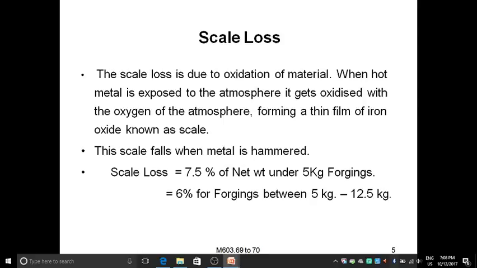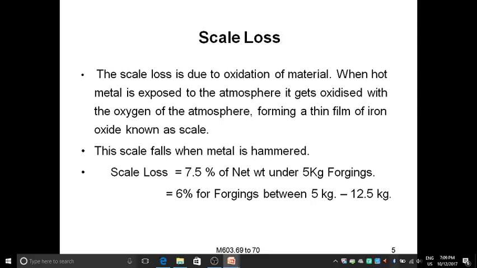As you can see here, in our calculations you can consider 7.5% of net weight or volume if the forging weight is below 5 kgs. If the forging weight is between 5 and 12.5 kgs, then you can consider 6%.